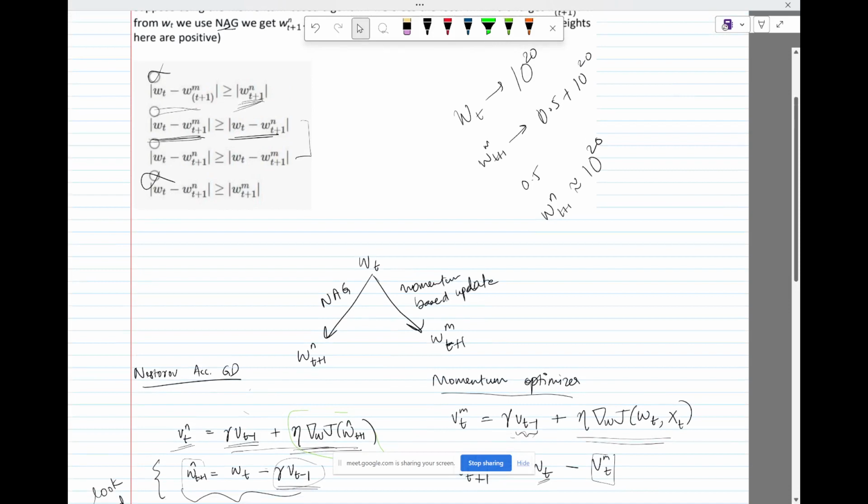So the Nesterov one will be the difference in Nesterov parameter will be smaller than the momentum parameter. So it is the second option.